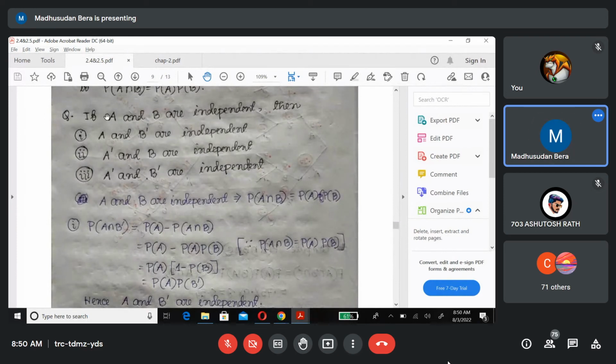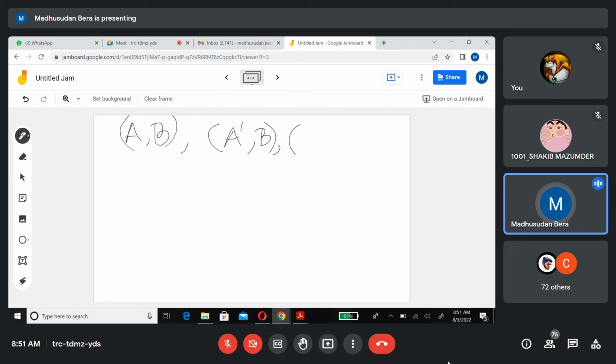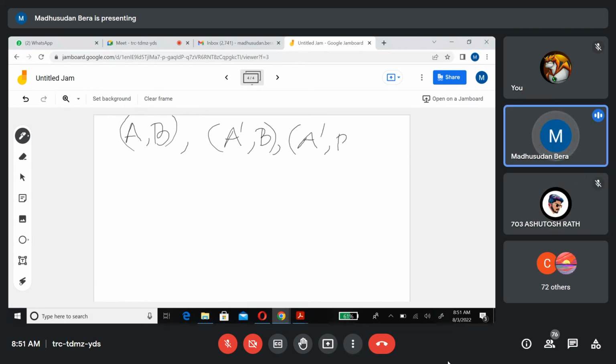Next is, if A and B are independent, then consider A B dashed, A dashed B, A dashed B dashed. So what are the pairs including A and B, considering complements? AB is one pair, A dashed B, A B dashed, and A dashed B dashed.